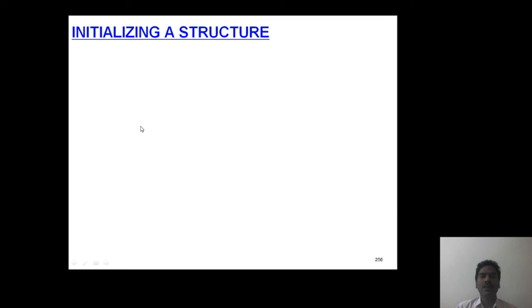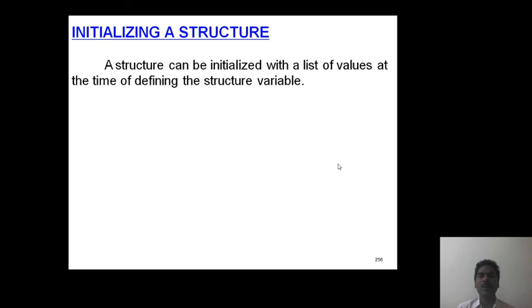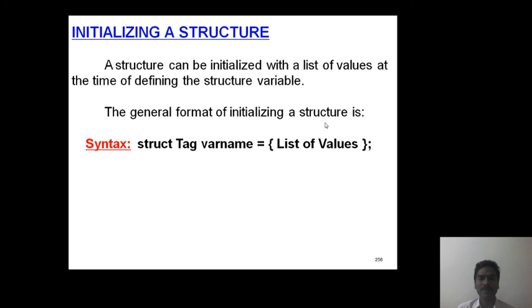Now how to initialize a structure? A structure can also be initialized with a list of values at the time of defining the structure variable. This is the general format: struct tag variable name equivalent to, and the list of values is placed within a pair of braces. Here the list of values refers to a collection of values, hence these values are separated with the comma operator.